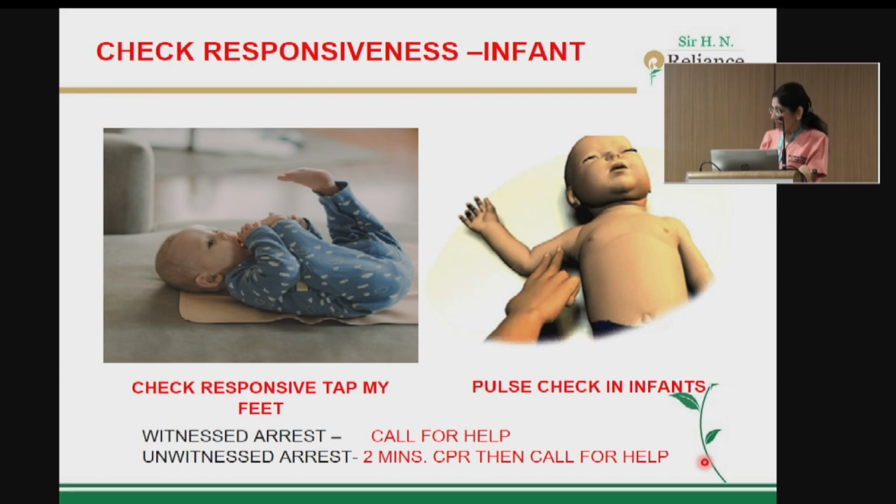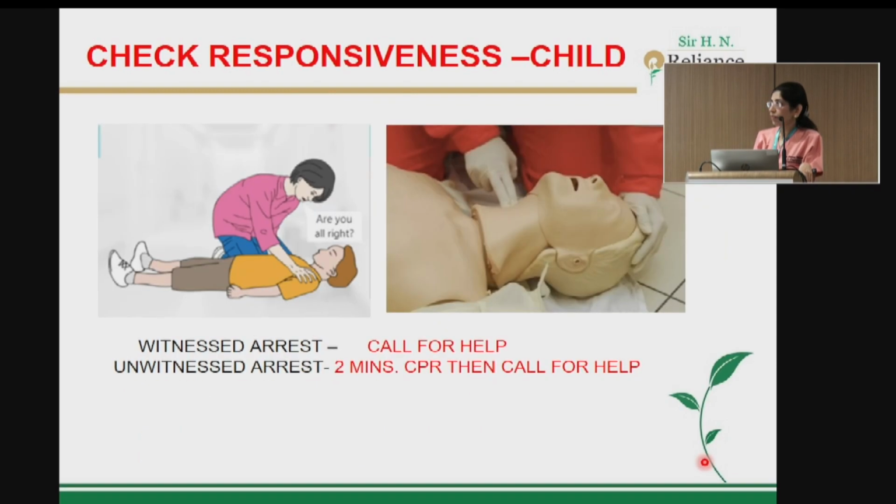The second difference is palpation of the pulse. In an infant we do not palpate for the carotid pulse, but we palpate for the brachial pulse in the mid arm, because that is easily accessible, and if the child is chubby, you may not be able to palpate the carotid pulse very easily. Then again, the steps of the CPR remain the same.